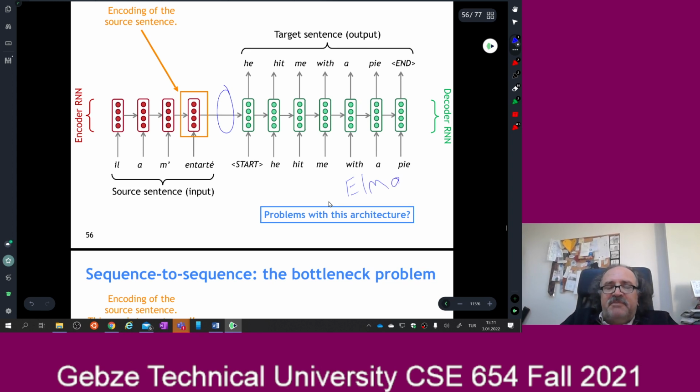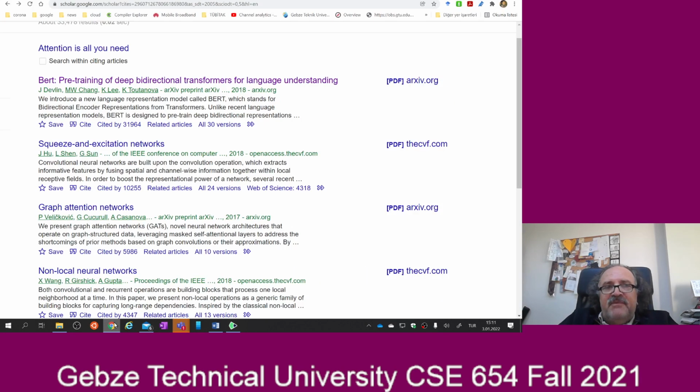Okay, ELMo representation. It used this idea on the LSTM networks, and later they changed that idea and generalized it to the transformers. Transformer is the network that uses attention, and BERT is the one that uses the ELMo idea on the transformer network.